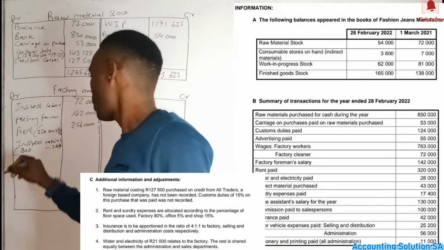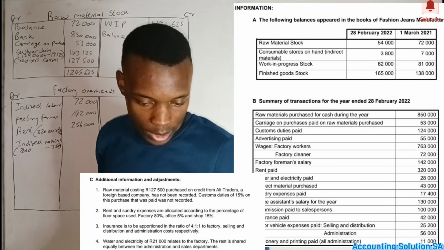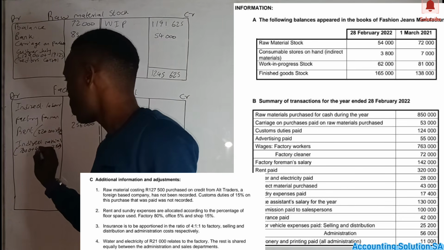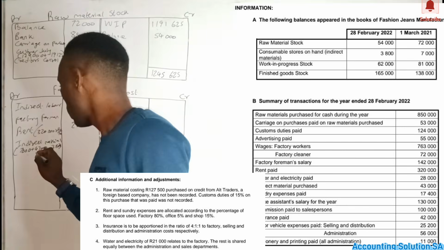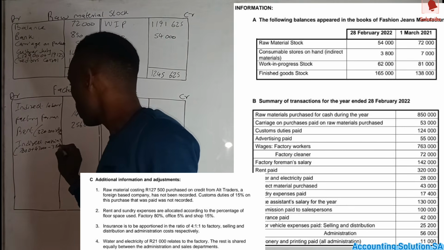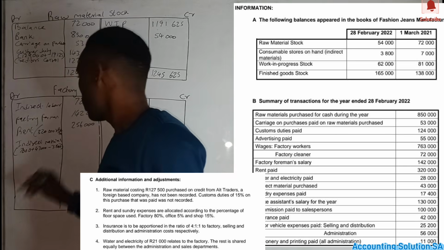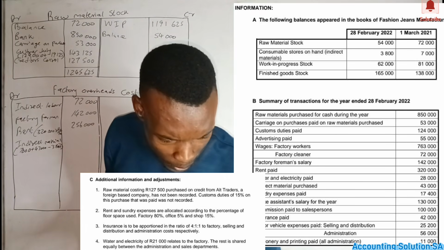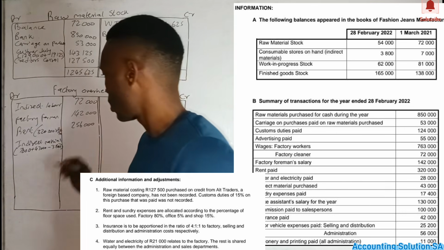I left the space here because we have to put the purchase. Our purchase is 43,000. Opening plus purchase of 43,000 minus closing of 3,800. Very simple. Then if you calculate all this, you're going to get 46,200.